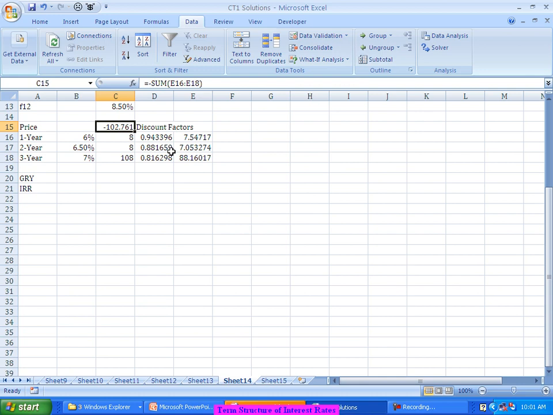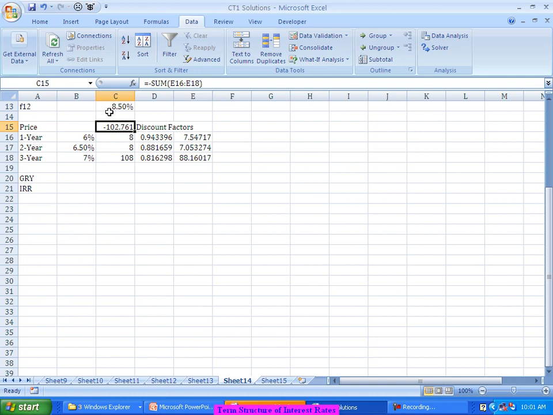It's as good as saying if I pay 102.76 today and the bond gives me 8 after 1 year, 8 after 2 years, and 108 after 3 years, it is in line with the 3 spot rates, the 1 year, 2 year, as well as the 3 year spot rate.